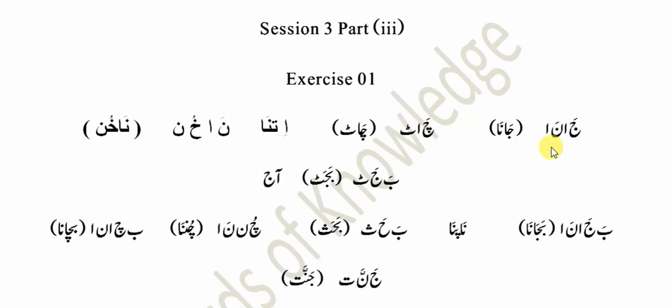So the first word has 4 alphabets: Jim, Alif, Noon and Alif. Jim has a diacritical mark over it. It is called Zabar sign. So it would give us a sound. We read it like Jim Zabar, and we connect it with Alif.